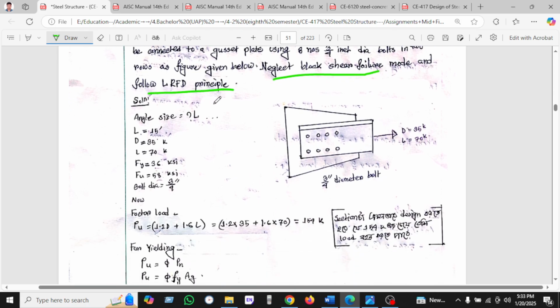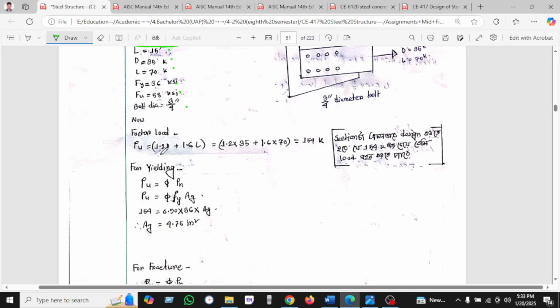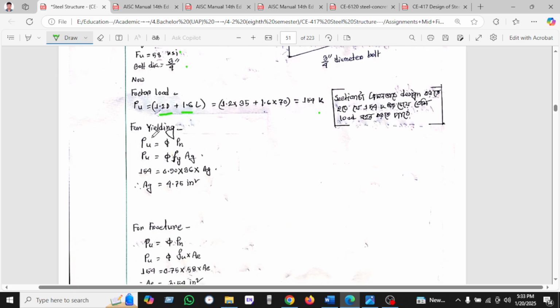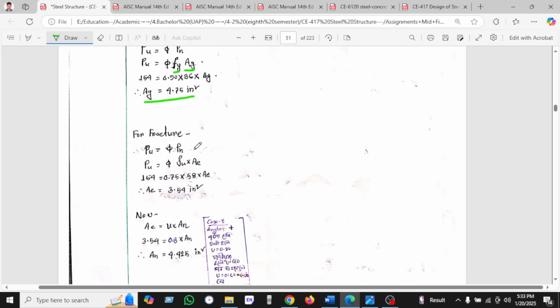Use the LRFD method. As we know, we have to calculate the size as the service dead load, live load, Fy, Fu and diameter are given. The factored load is 1.2 dead plus 1.6 live load. For yielding, Pn equals Fy times Ag, that is stress into area, and putting this value, area is 14.75.